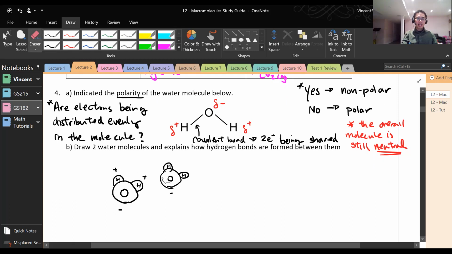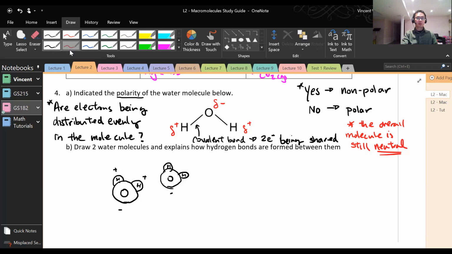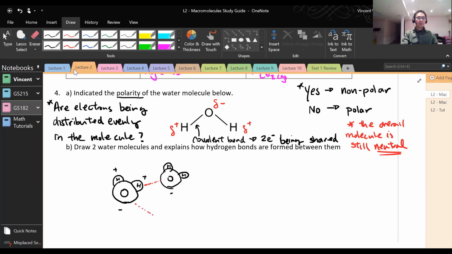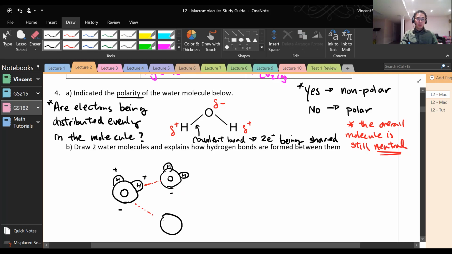the slightly negative portion of oxygen will be attracted to the slightly positive portion of another water molecule. Okay, so like that. And I can draw another one if I want. There is hydrogen, hydrogen, so there is another attraction, and then there might be some interaction here.